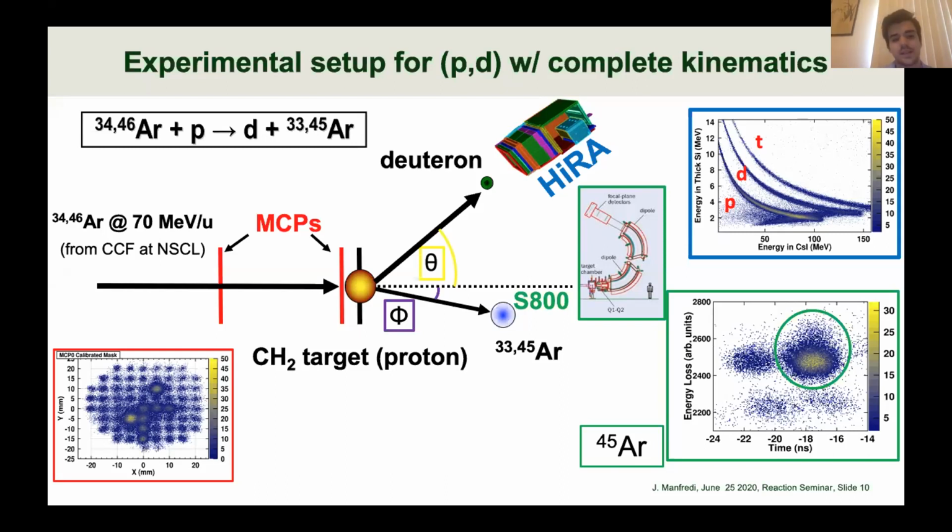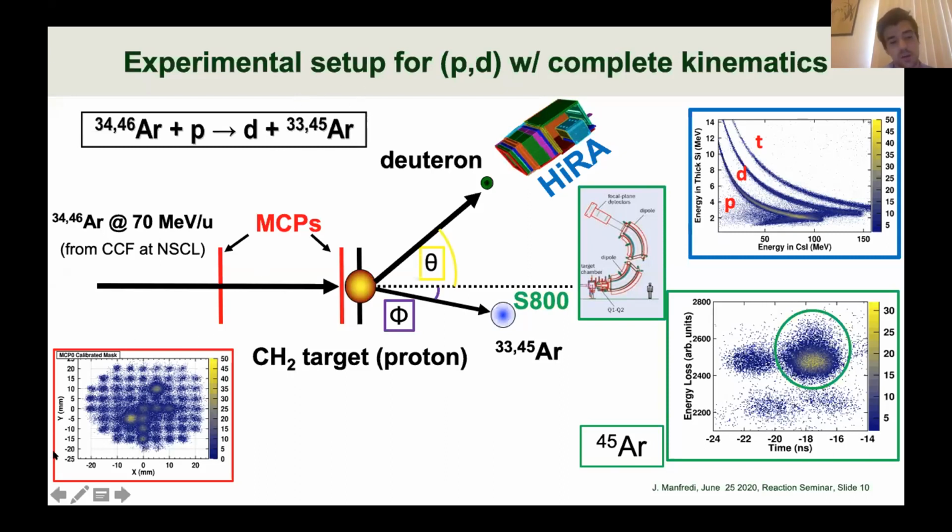First of all, we need this to normalize how much beam is actually making it to the target. We're calculating a cross section, so we need a denominator for that. We also used it to track the position of the beam before it impinged on the target in order to give us better resolution when we reconstruct the excitation of the heavy recoil, either argon-33 or argon-45.